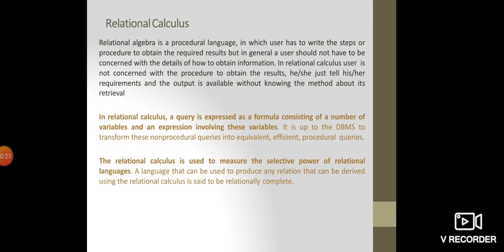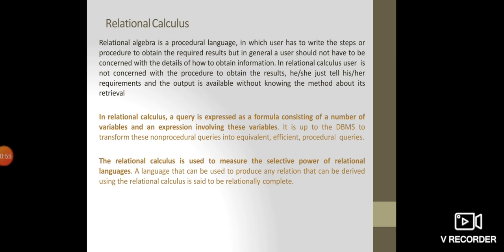Then we have come to the end here. We will tell about something about relational calculus. Relational algebra is a procedural language, whereas relational calculus is a non-procedural language. In relational calculus, a query is expressed as a formula consisting of a number of variables and an expression involving these variables. In your DBMS, it transforms the non-procedural queries into equivalent efficient programming queries.